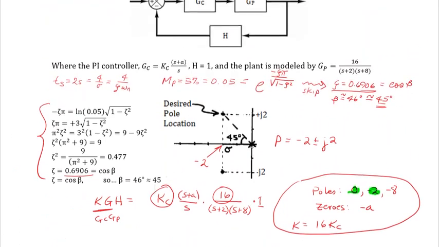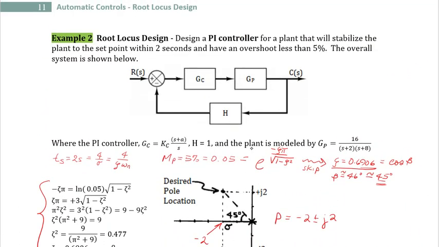So if I go back up here to G sub C, we found the value of A. The value of A is 3. And we found the value of K sub C, it's just 1. So G sub C is going to be equal to 1 times (S plus 3) over S.